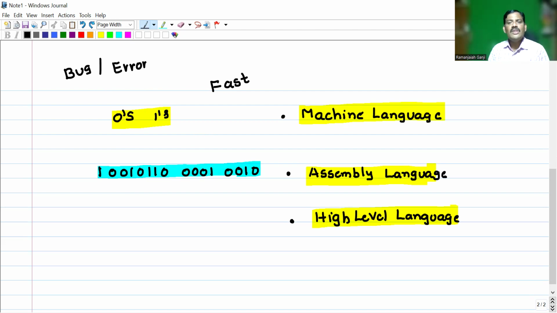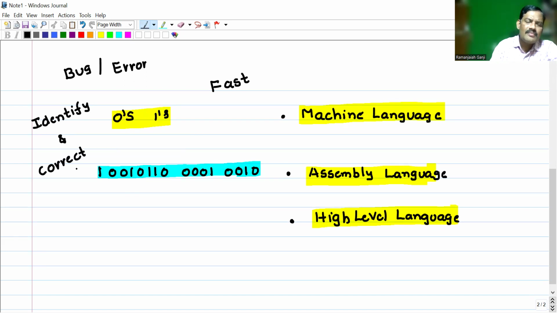Whenever there exists an error in our program, that error needs to be identified and corrected. This process is known as debugging. Remember these technical terms.